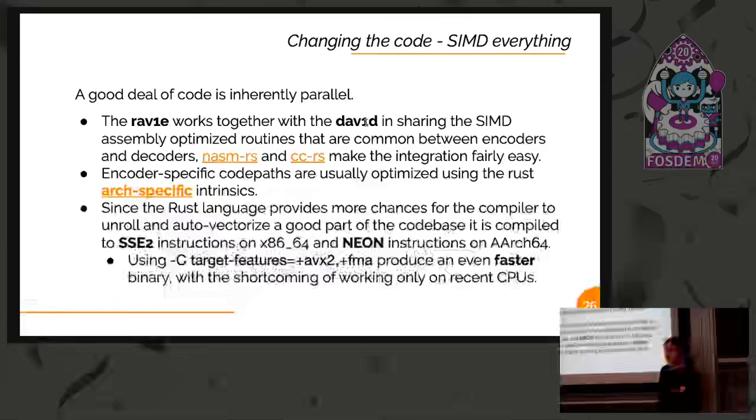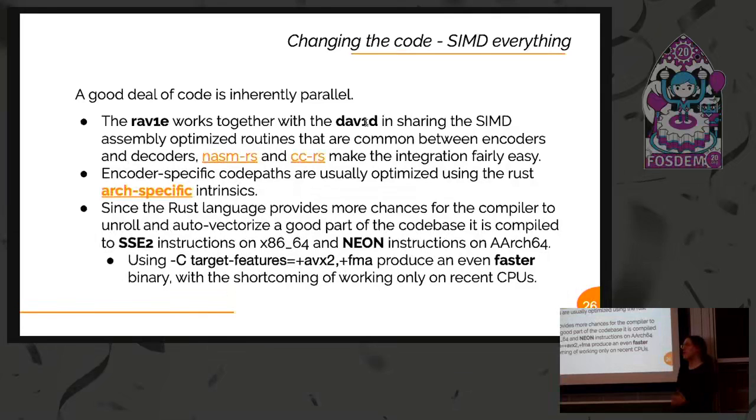What do you do with Rust? We have good intrinsics. We have even built-in CPU detection, so you don't have to reinvent the wheel for each project. The standard library does that for you. So you can use that. Also, the compiler can do the work for you. If the compiler knows that that extension is available for all the CPUs, it's going to use it.